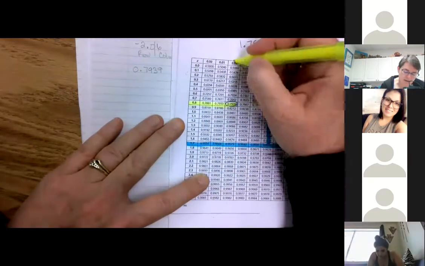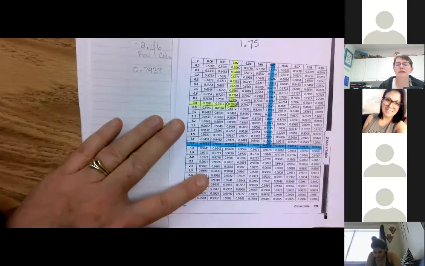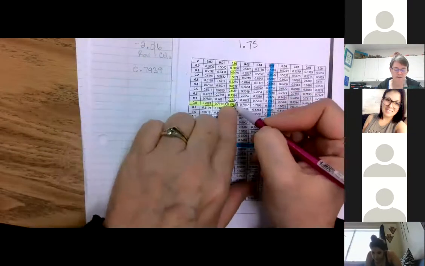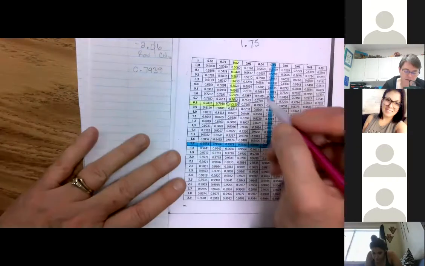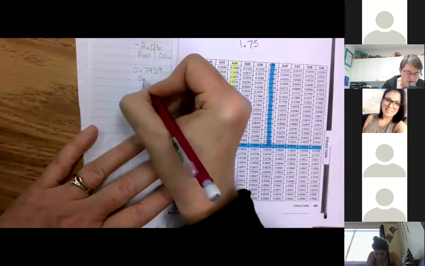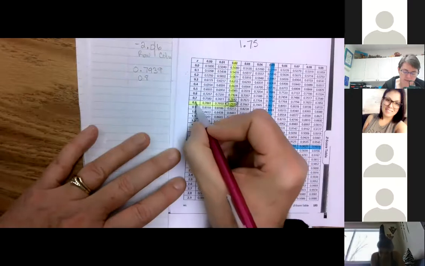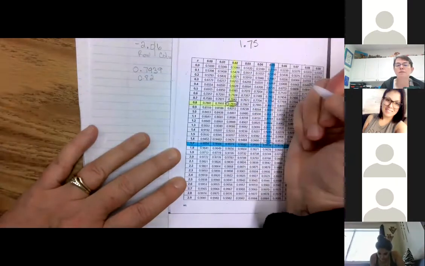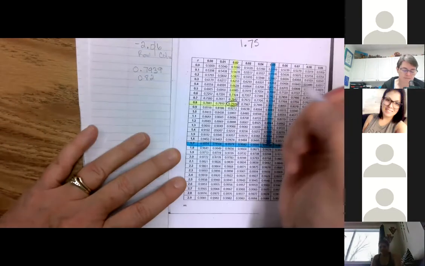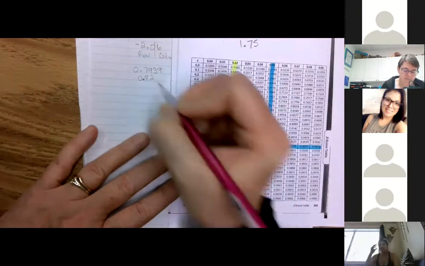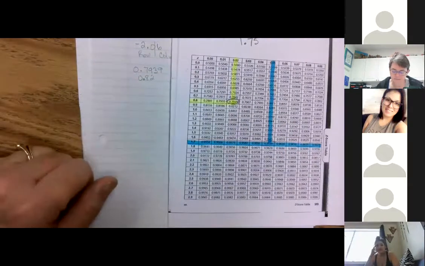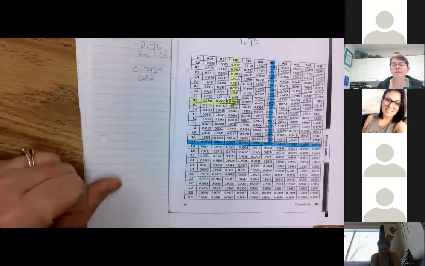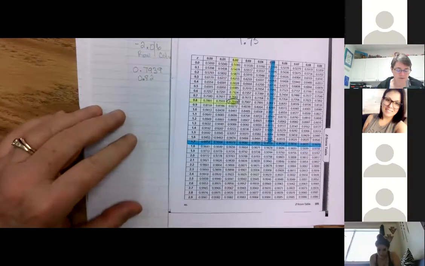And then I'm just going to connect. It's the opposite of what we were doing before. Instead of finding this, we're getting the number and going the other way. So it's going to be 0.8. That comes from there, and then a 2 from up there. We just add that last number on. Yeah, there's definitely going to be a video about how to read a Z-score. Okay, one more.